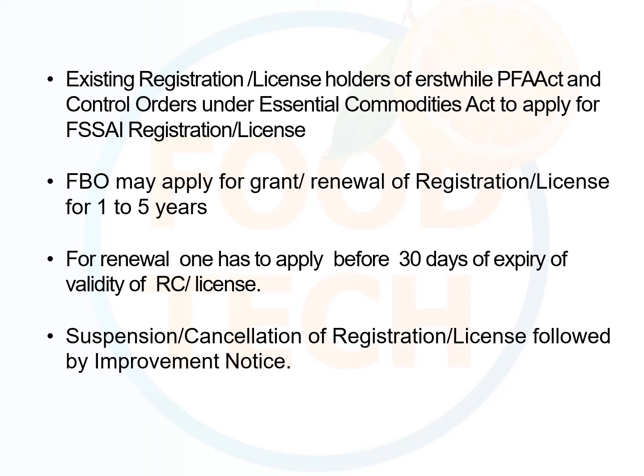And suspension or cancellation of the license is followed by an improvement notice. Further warning is given, and afterwards the license or registration is either suspended or cancelled, depending upon the faults or the drawbacks which are there in the food processing system.